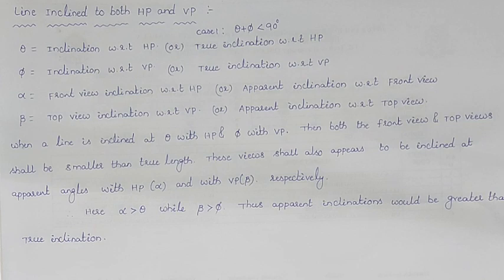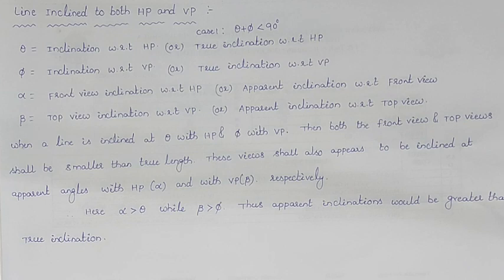Apparent inclination with respect to HP is denoted with alpha, and apparent inclination with respect to VP is denoted with beta. So in this condition, when a line is inclined to both HP and VP, alpha, the apparent inclination of the front view with respect to HP, is always greater than theta, the true inclination with respect to HP.